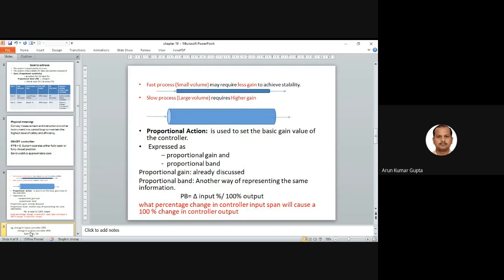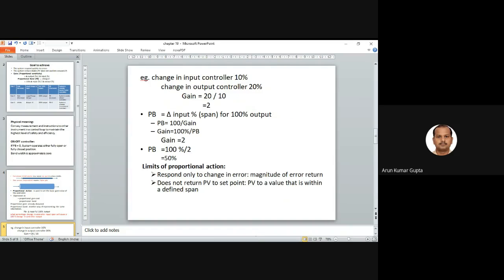Just for example, let's say we have a change in controller input of 10% and a change in controller output of 20%. Mathematically, we can easily calculate gain as output by input. This is 20 by 10, which means 2. Similarly, the band can also be calculated: change in input divided by change in 100% output.